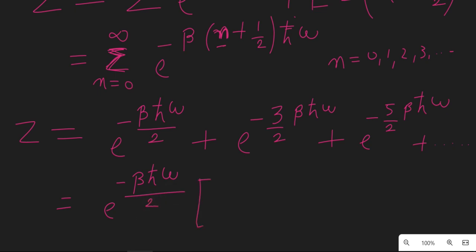So I am left in the bracket with 1 from the first term, and from the next term, e raised to minus beta h-cut omega, and then e raised to minus 2 beta h-cut omega, and so on and so forth.